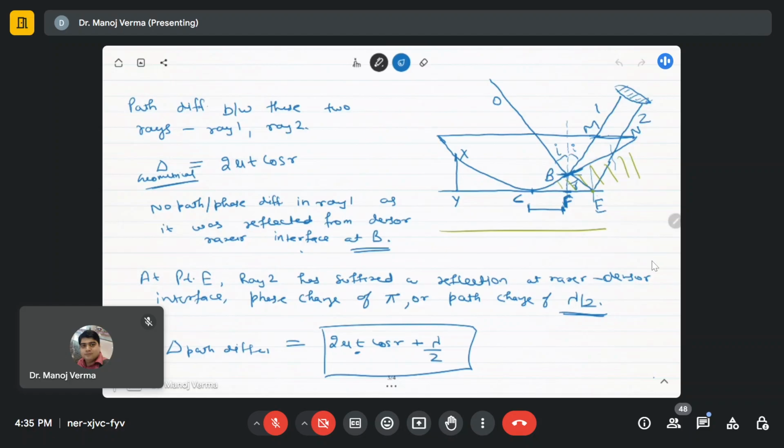If I consider a point a little further, my value of T will change, and now the thickness of this air column will give me the conditions whether it will be a constructive or a destructive interference.